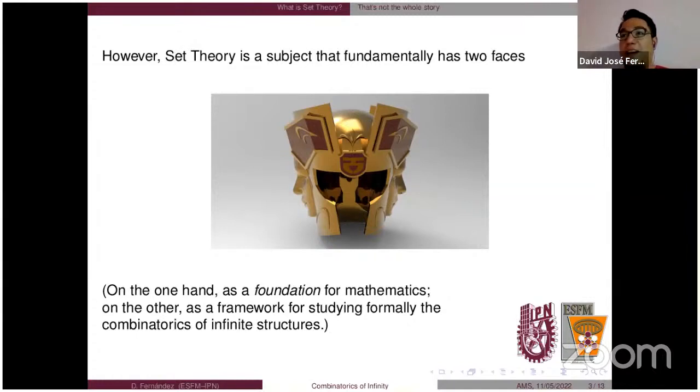Maybe an analyst is every now and then concerned with an infinite-dimensional Hilbert space, or an algebraist has to deal with infinite rings. But in set theory, we tend to study not specific infinite objects, but the whole generality of how infinity behaves. If someone wants to study this, the place to go is set theory.